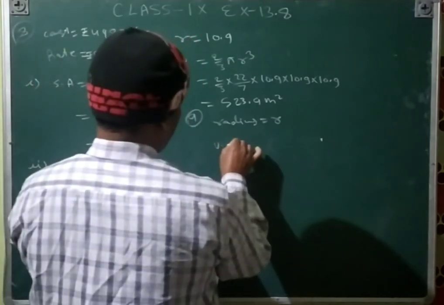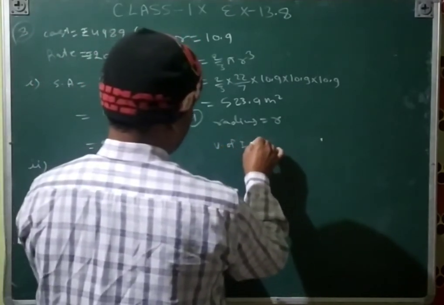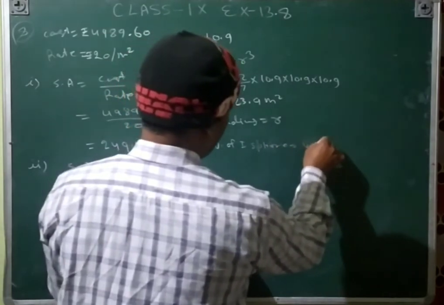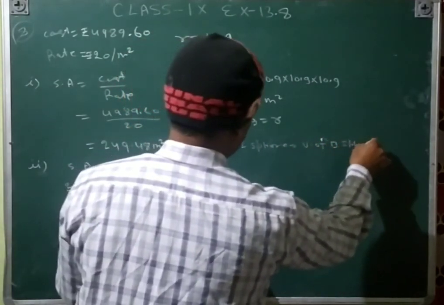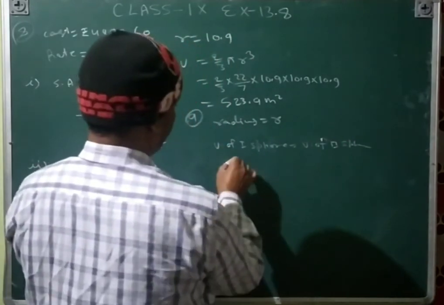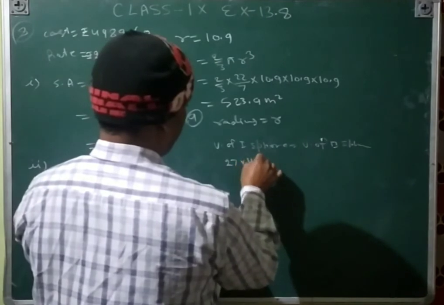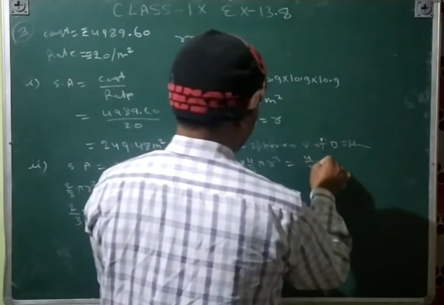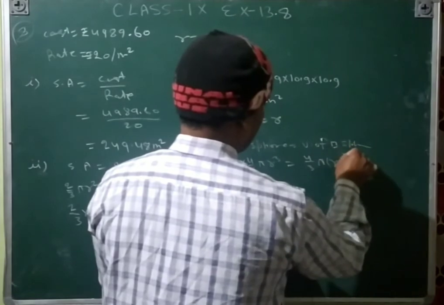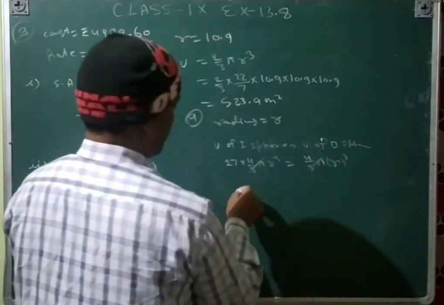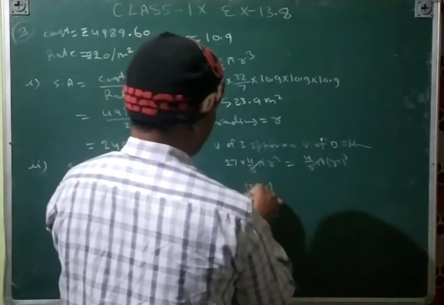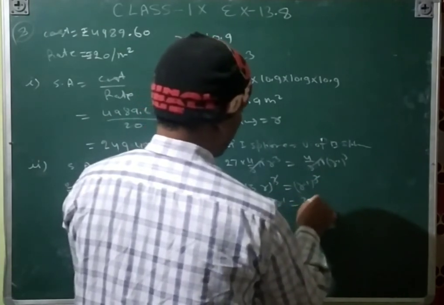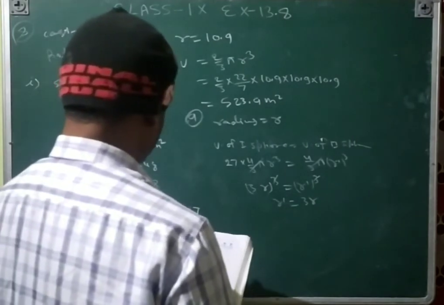The volume of the first spheres is equal to the volume of the second sphere, so 27 multiplied by 4 upon 3 pi r cube is equal to 4 upon 3 pi r dash cube. 4 upon 3 cancels by 4 upon 3, so 27 r cube is equal to r dash cube, the cubes cancel, so r dash is equal to 3r.